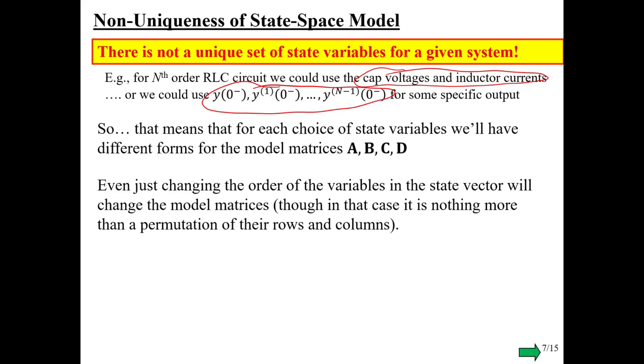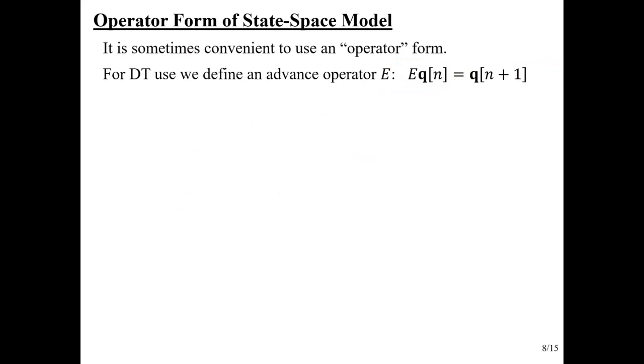Well, all that's really going to do is create permutations of these matrices, but still it's effectively a different state space model. But all of these models for the given system will give us the same answers, but just sometimes might be more illuminating as to how it's working inside. All right.